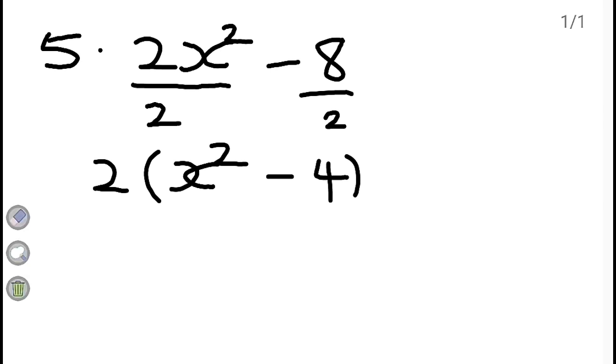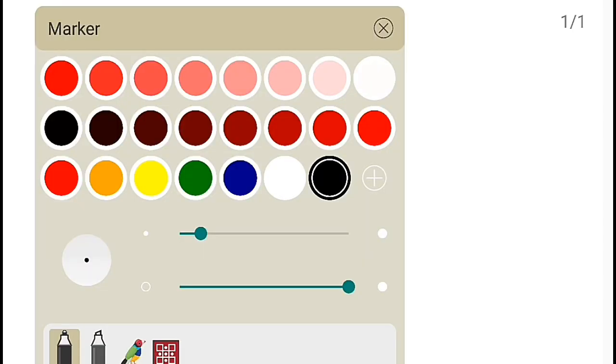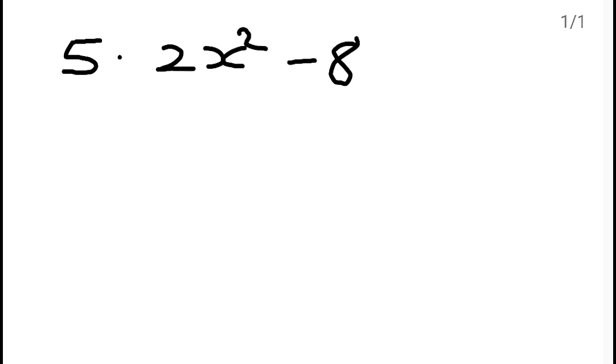So let me repeat that step so that we can understand this very well. Number 5, we are saying that we can factorize 2x squared minus 8. What I was saying is that 2x squared is not a perfect square and 8 is not a perfect square, but there is a common factor, that is 2, a number which can divide all of them.